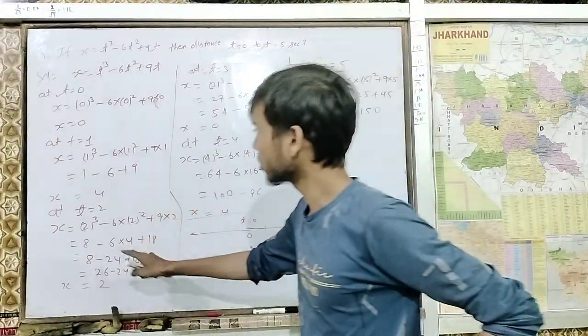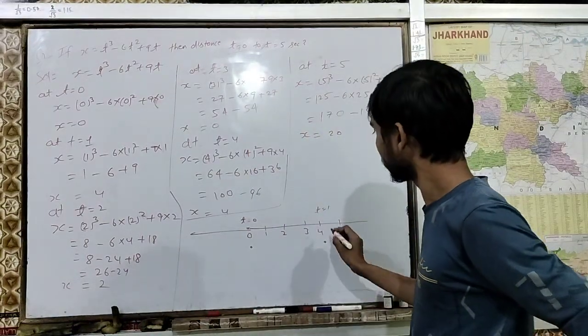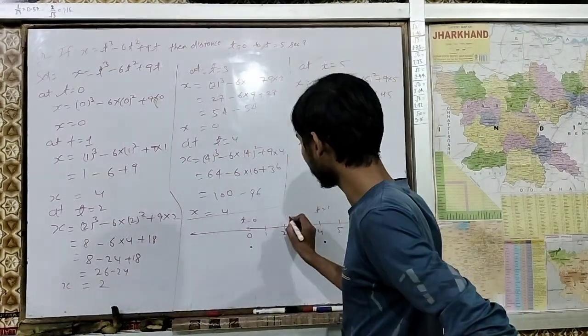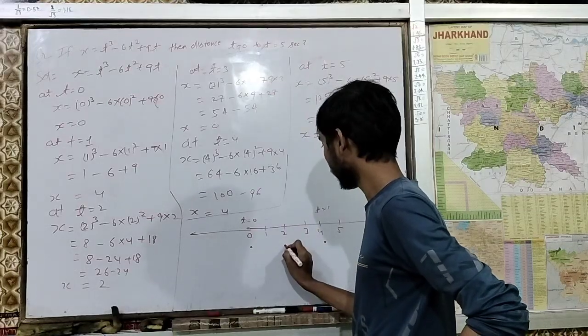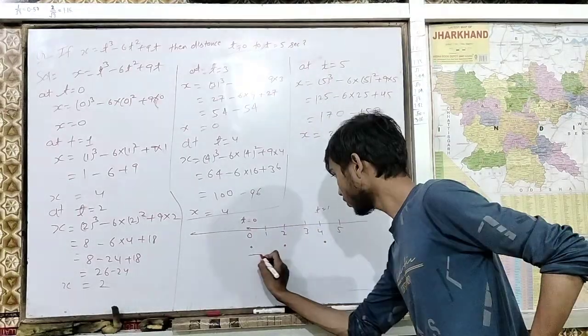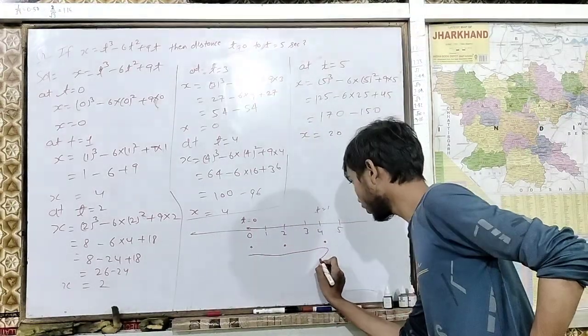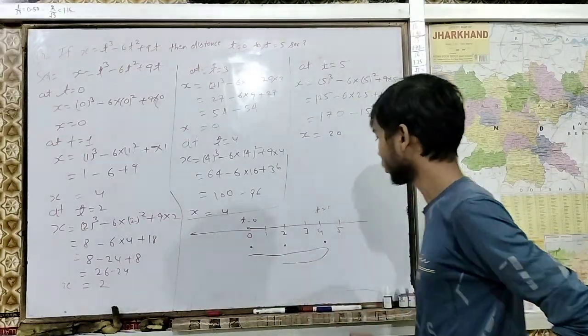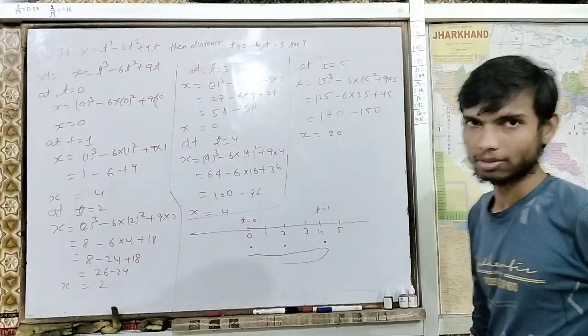Now t is equal to 2. So x is coming how much over here? What is happening? It starts moving like that, then it goes in the backward direction.